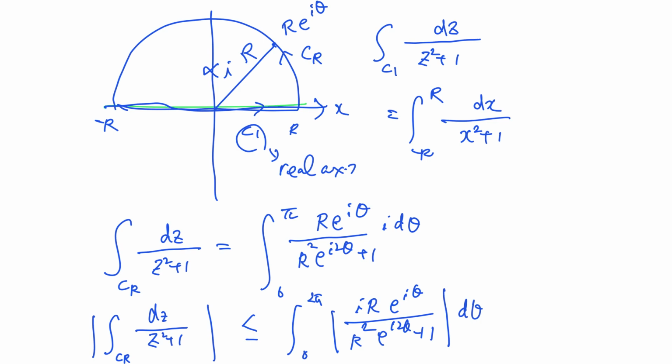If you take the absolute value first and then integrate, it's supposed to be bigger.